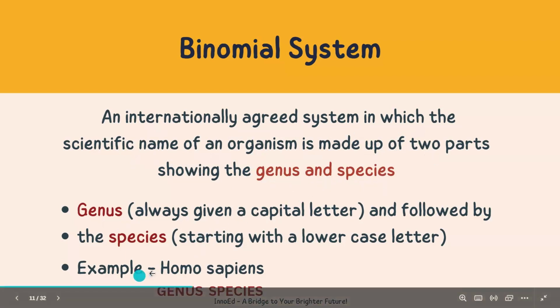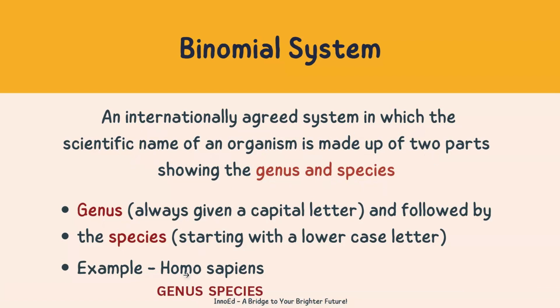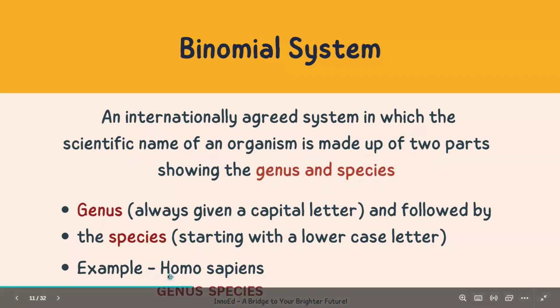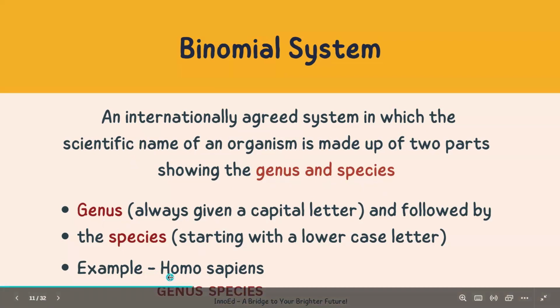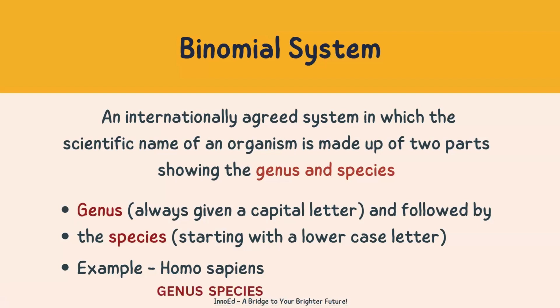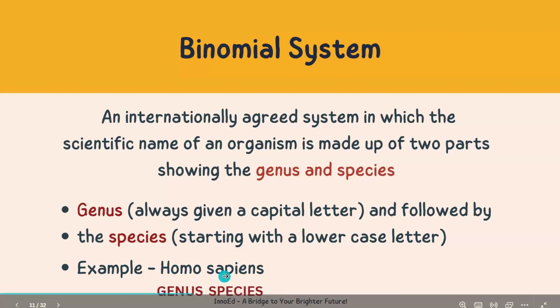So let's look at an example here. For us, human, our scientific name is Homo sapiens. So the first word here stands for genus. How do we know if it is genus? If it is the first word and the first letter of the first word is written in capital letter, it is genus.